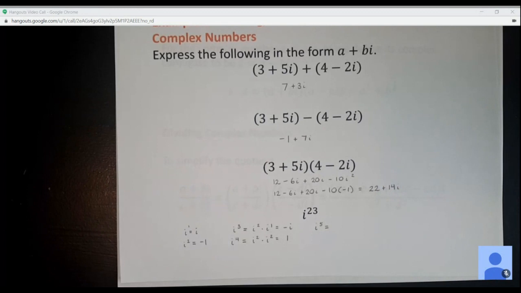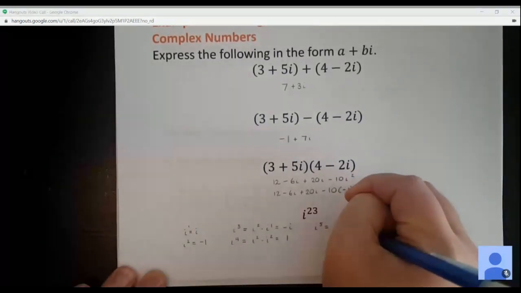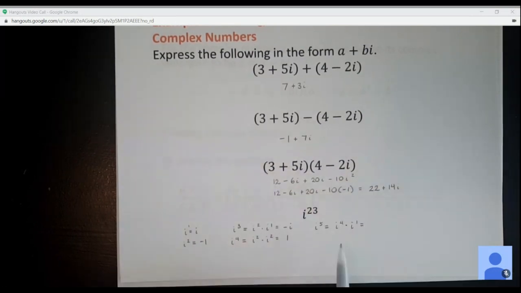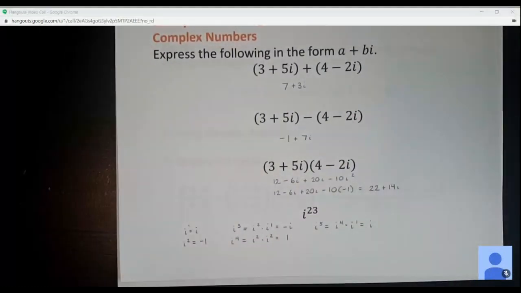And the reason it's going to be 1i is because we're taking this i to the fourth that we just got, and we're just multiplying by another i to the first power, right? Because i to the fourth times i to the first would give us i to the fifth. Well, we know i to the fourth is just 1, and then i to the first is just going to give us i. So 1 times i is just i.